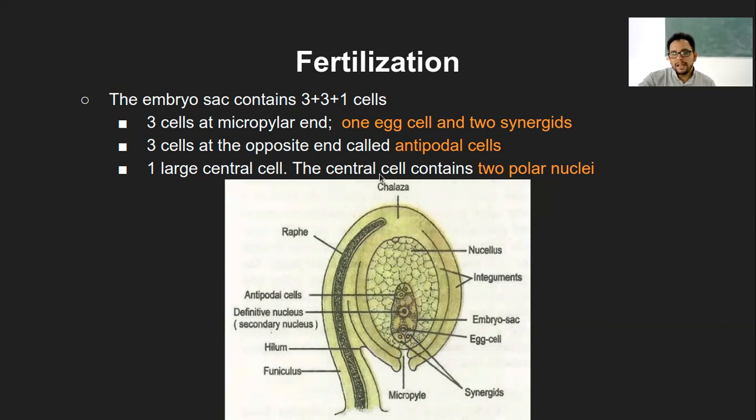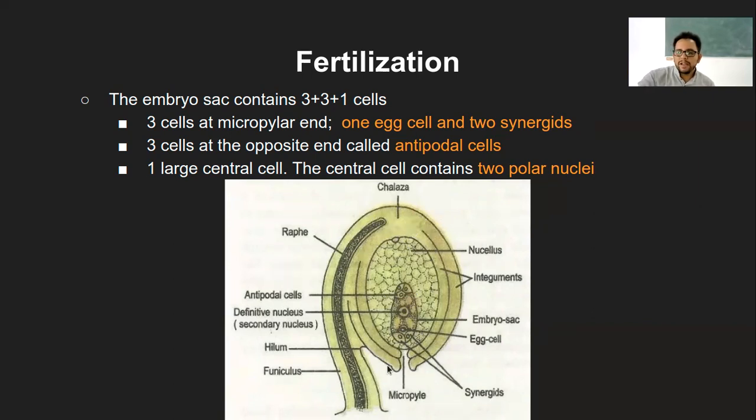Now, if you see the chalaza, this is always opposite to the micropyle. That particular end is called the chalazal end, or the chalaza of the ovule. It's simply like whenever we are in a room, we always have right and left corners. This is something like that.